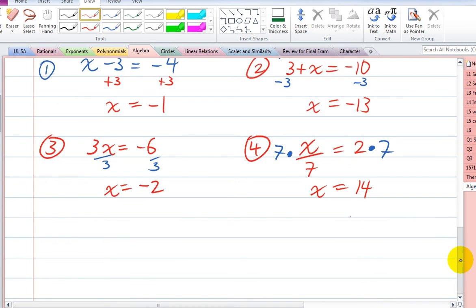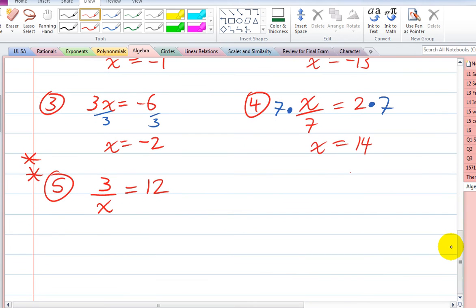Now we have the weirdest of all. This is the weirdo of the weirdo. Star it. Okay. 3 over x equals 12. Okay, you're going to get a fraction. I did that on purpose. So, what we have is 3 divided by x.